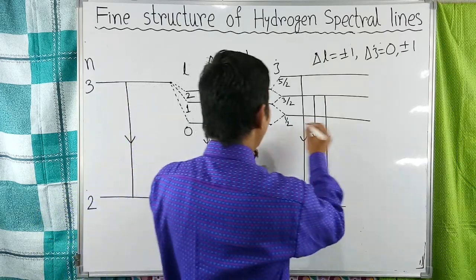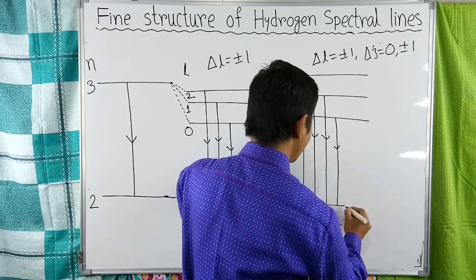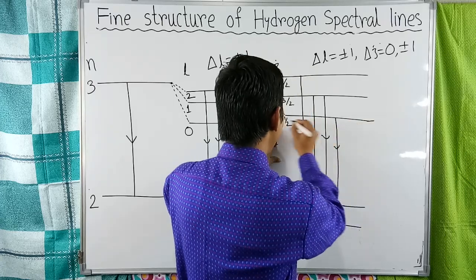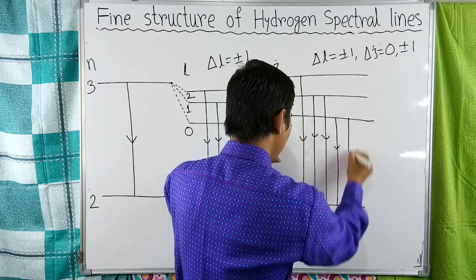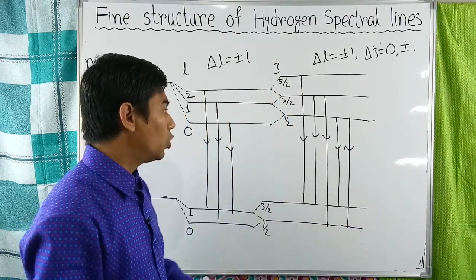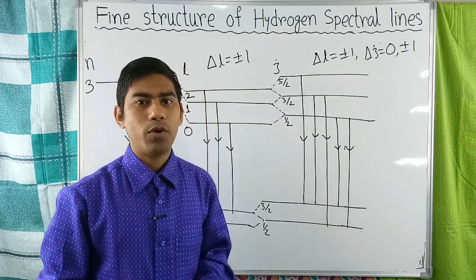The transition from J equals 3/2 to J equals 3/2 gives a spectral line. The transition from J equals 3/2 to J equals 1/2 also gives rise to a spectral line. The transition from J equals 1/2 to J equals 3/2 gives a spectral line, and the transition from J equals 1/2 to J equals 1/2 gives a spectral line. So a total of 5 allowed transitions are possible here.